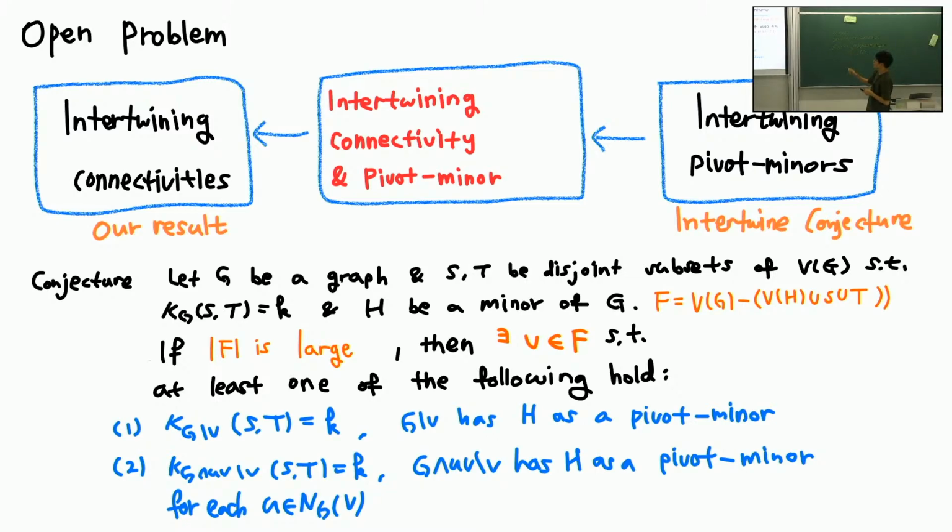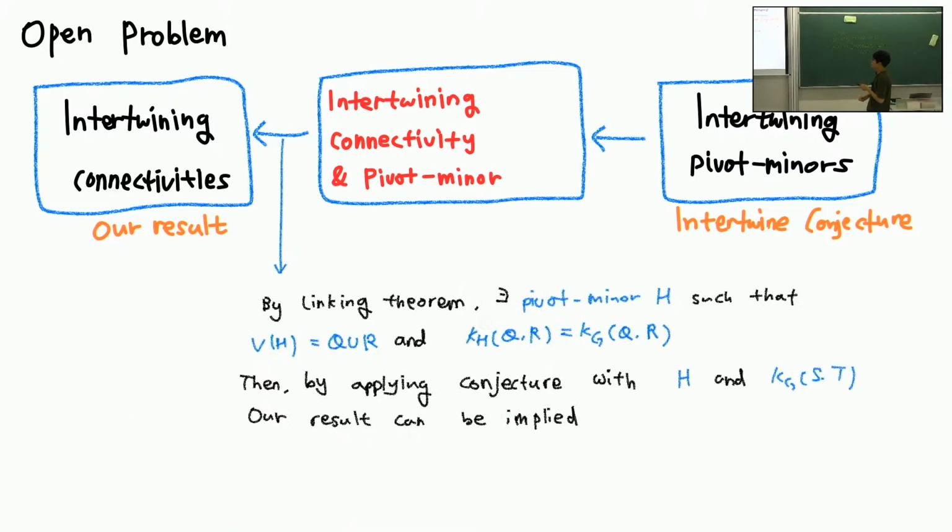Actually, what I want to do next is show that this conjecture implies our result about intertwining connectivity, and similarly, we can say that this conjecture implies this conjecture. So let me do this.